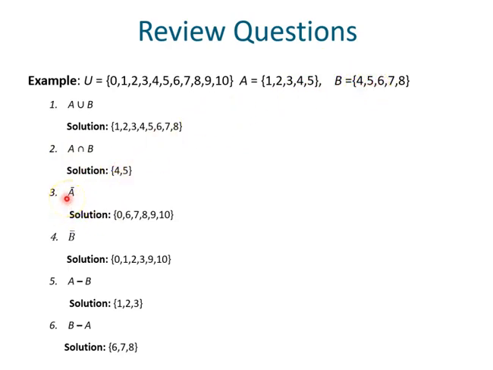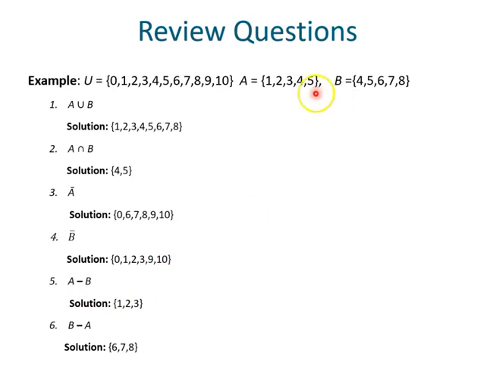The complement of A is any number that is in the universal set but not in A. So this is A bar. What is B bar, the complement of B? Any number that is in U but not in B. So from 0 to 3 and then 9 and 10.